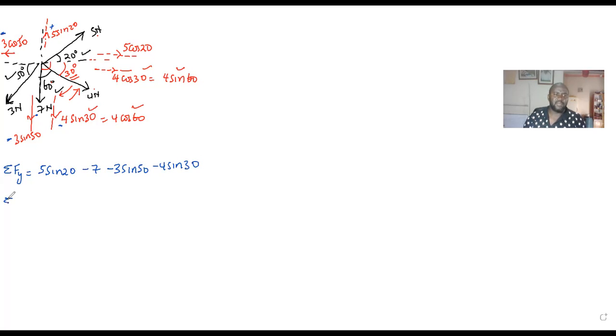Then when it comes to summing up forces in X, you would have 5 cos of 20 plus 4 cos of 30 minus 3 cos of 50.